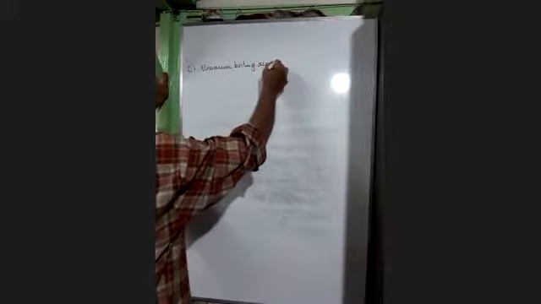Minimum boiling azeotrope. Very easy. Suppose, as I told you, the boiling point of alcohol is 76 degrees and the boiling point of water is 100 degrees.